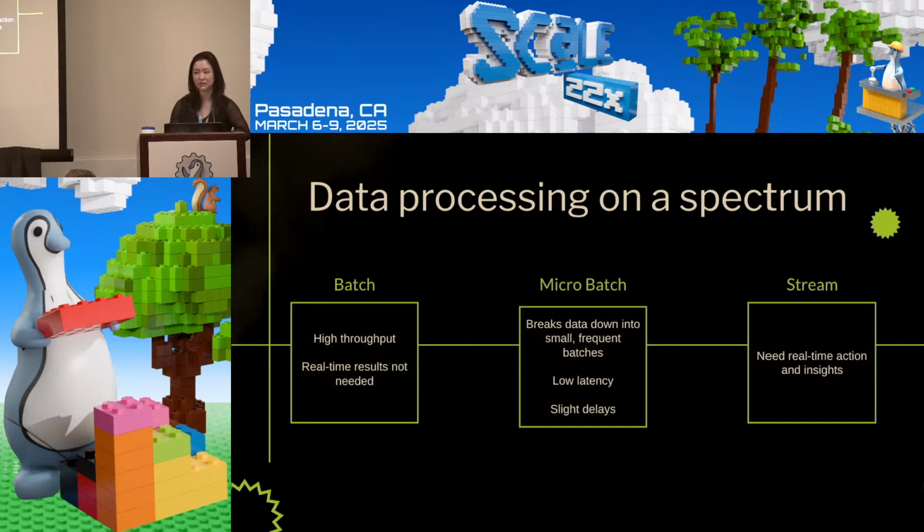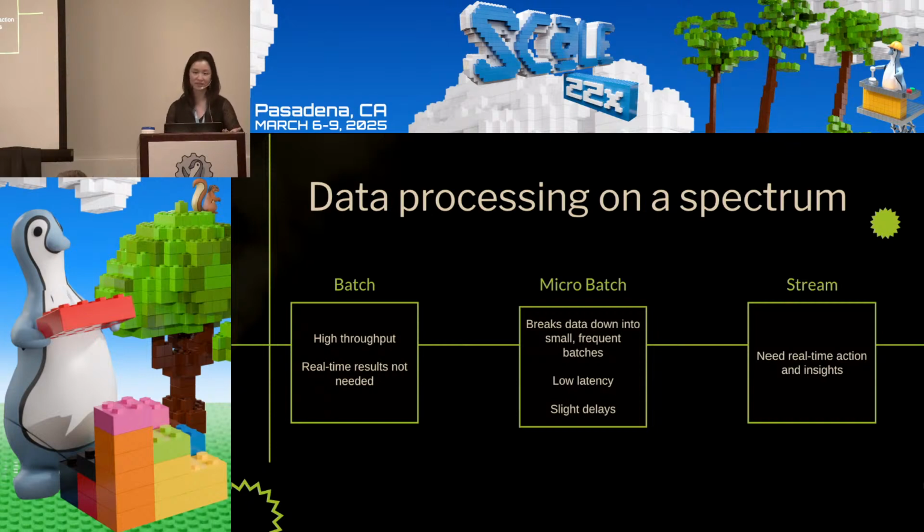And with most frameworks that support micro batch processing, you probably can't get it down to a second, especially if you're getting in a lot of data. Stream processing, on the other hand, you can get down to subsecond, to milliseconds.